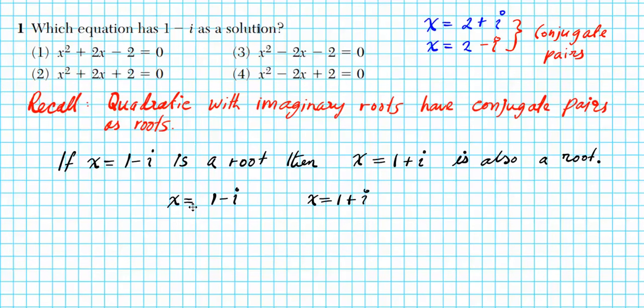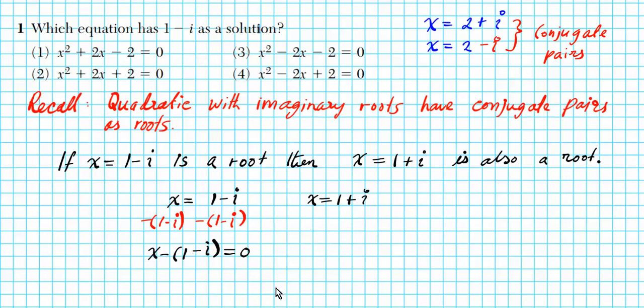Okay. So we're going to solve this, set this equal to 0. What we're going to do is subtract 1 minus i from both sides, and then we get x minus 1 minus i equals 0, okay? And then in this case, we're going to also subtract 1 plus i.